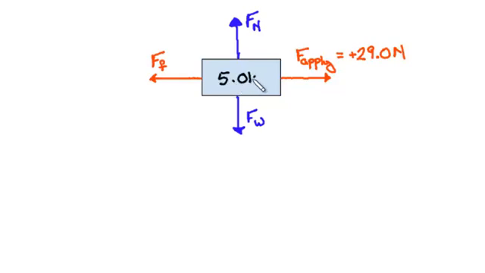In this next free body diagram, I'm told that the body is 5.0 kilograms. I can figure out the force weight by mass times acceleration due to gravity, and force weight equals 5.0 times negative 9.8.